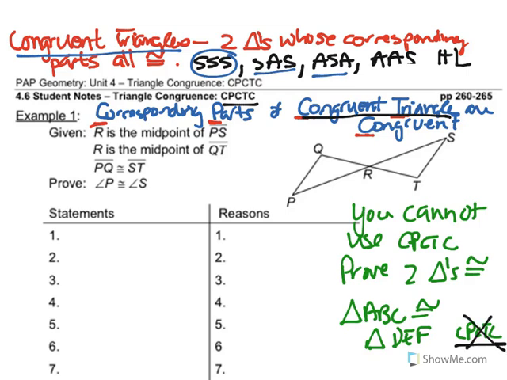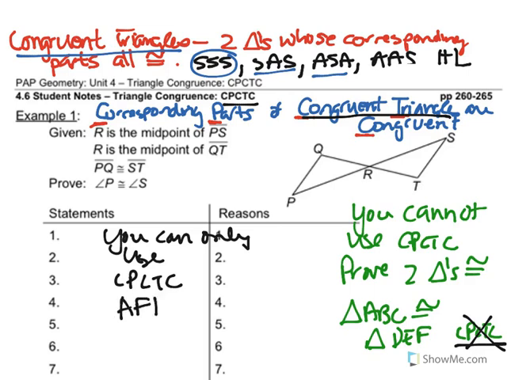So you can't use that as a reason for the proof. And so I'm going to just say this. You can only use CPCTC after you've already proved the triangles are congruent. Okay?